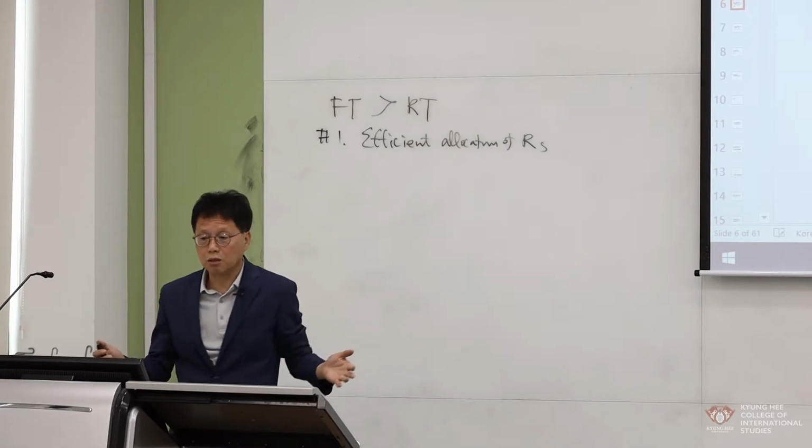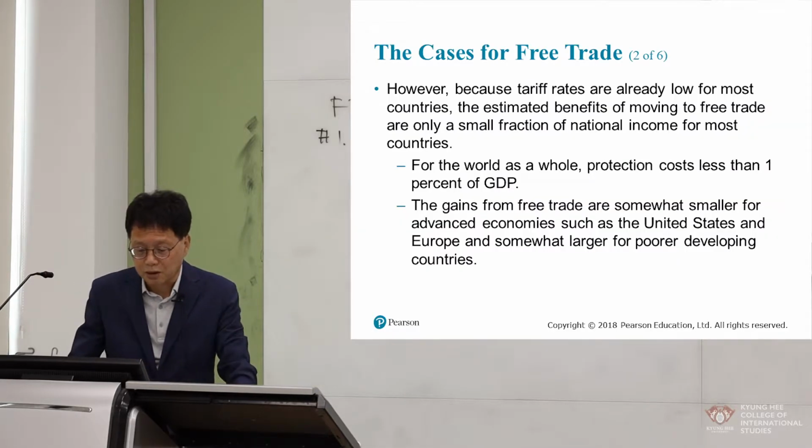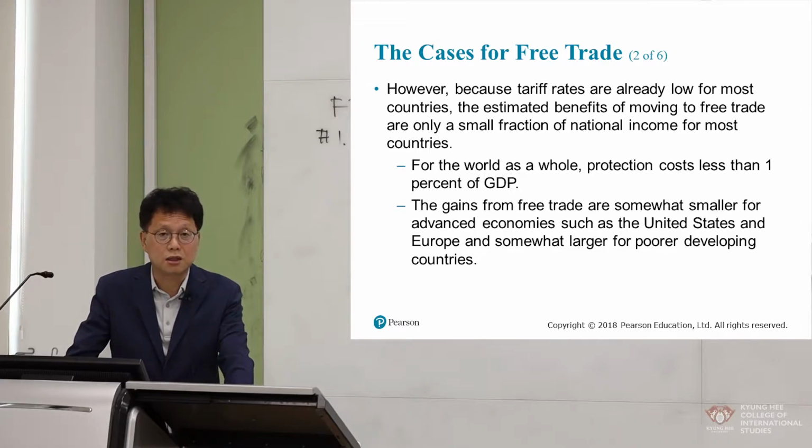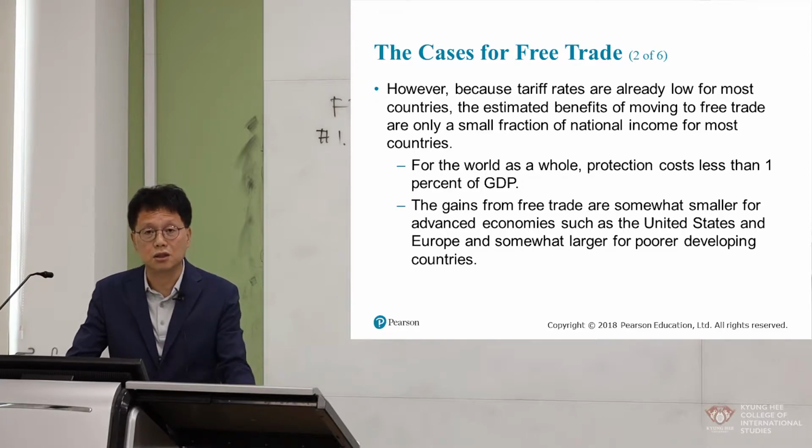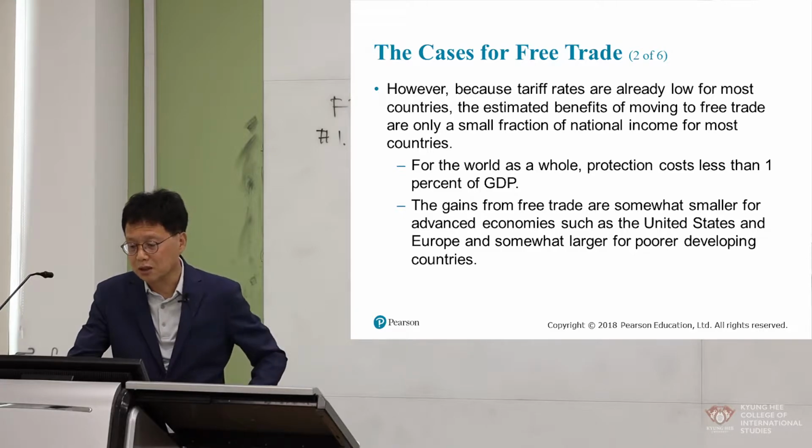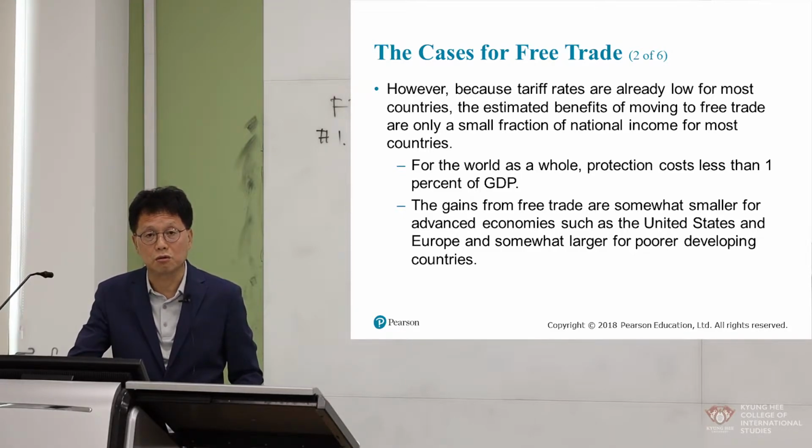But after the Second World War, lots of multilateral liberalization happened. In other words, tariff rates decreased and decreased after the Second World War. Now the remaining tariffs are not large, very small. So more liberalization doesn't increase national welfare greatly or increase per capita GDP, only a little.